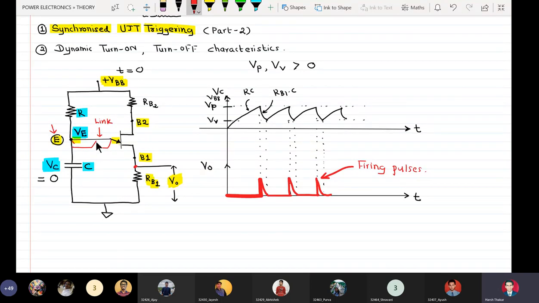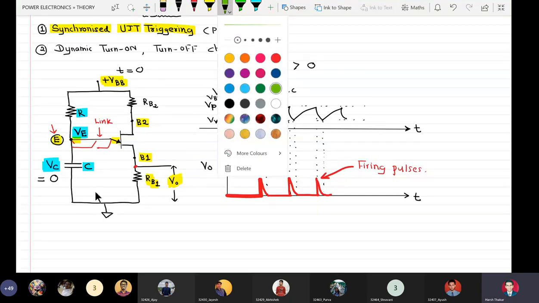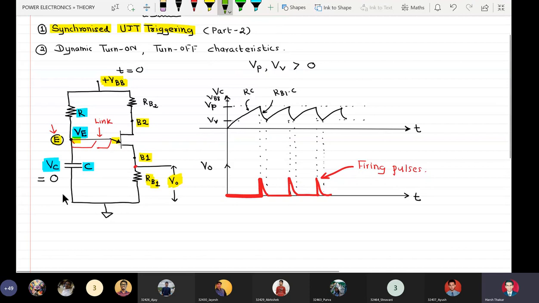When this is open, the capacitor gets access to the biasing voltage VBB through the resistor R. So there is charging happening from here towards VBB.